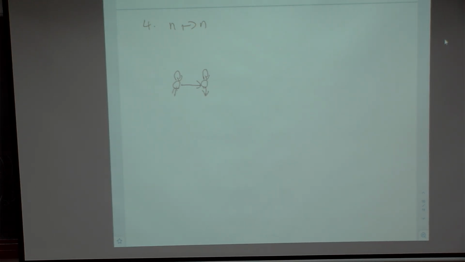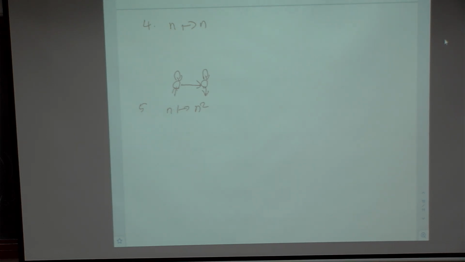How about n square? The next function is n square. Can you just draw and show me? How do I get n square?